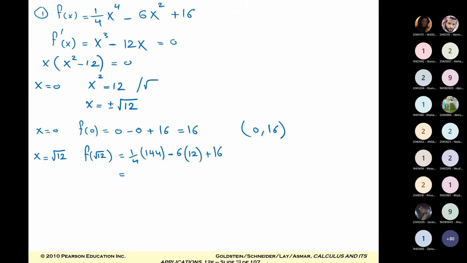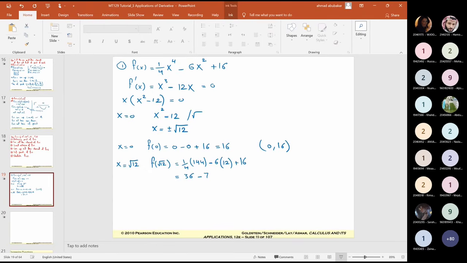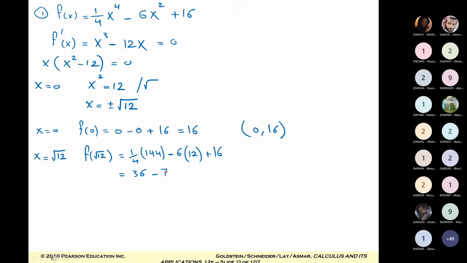This equals 36 minus 72, we have negative 36 plus 16, negative 20. So we have radical 12 and negative 20.